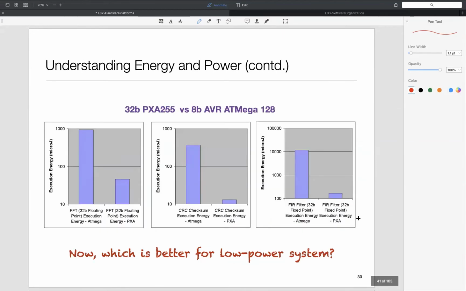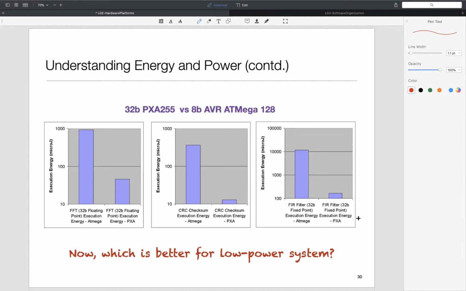Just to make the point, there are three different compute scenarios here. The one on the left-hand side is doing a fast Fourier transform. The middle one is checking the cyclic redundancy checksum on some network packet, let's say, or a file. And the right-hand side is an FIR filter, just some signal processing computation.